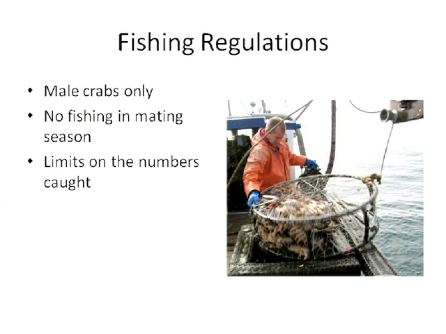They were able to populate the rest of the crabs. So they want to mainly just fish the male crabs, and they also put a limit on the number of them caught.